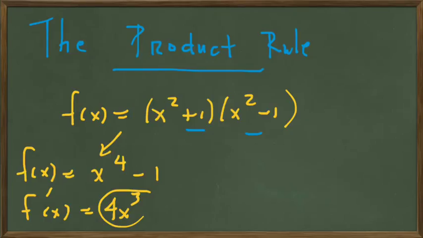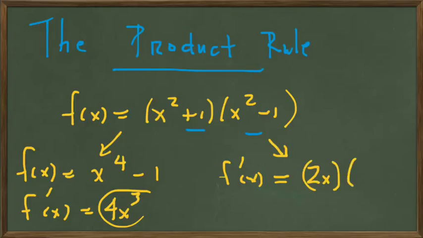But what if we had not multiplied it out and we had assumed that it was okay to take the derivative of the function f of x by taking the derivative of the first factor and getting 2x plus 0, and the second factor, which also has derivative 2x plus 0, and multiplying them together? Then we would have gotten 4x squared.